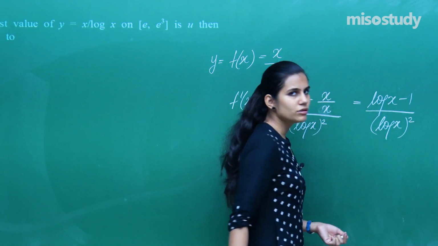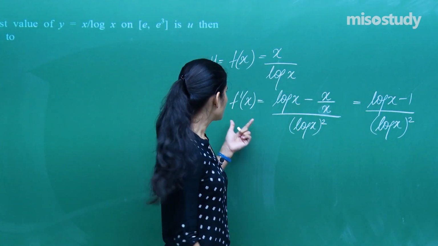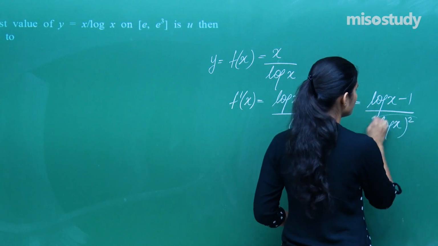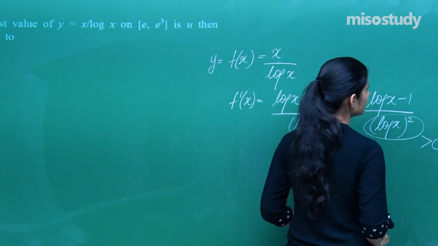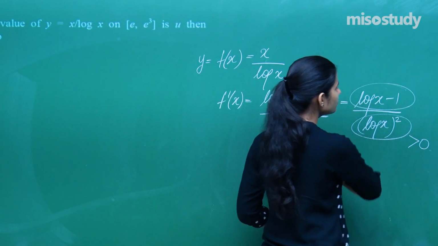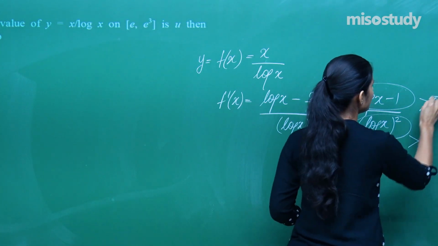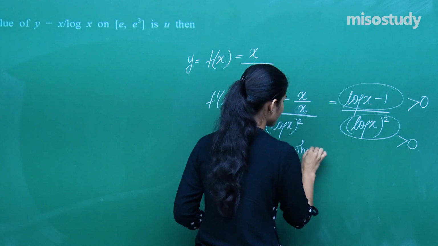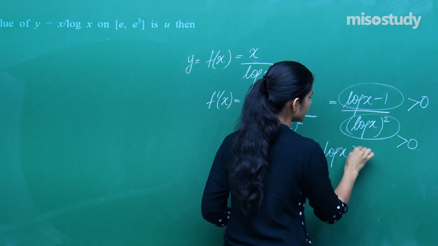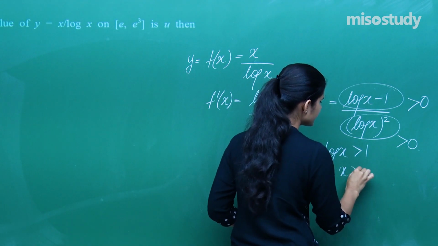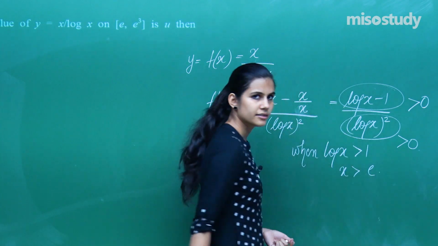Now I want to talk about this increasing function. So f dash x I want to be positive. You all know the denominator is always positive. If the numerator is also positive, this entire fraction will be positive. So this will be positive when log x is greater than 1, or x is greater than e.